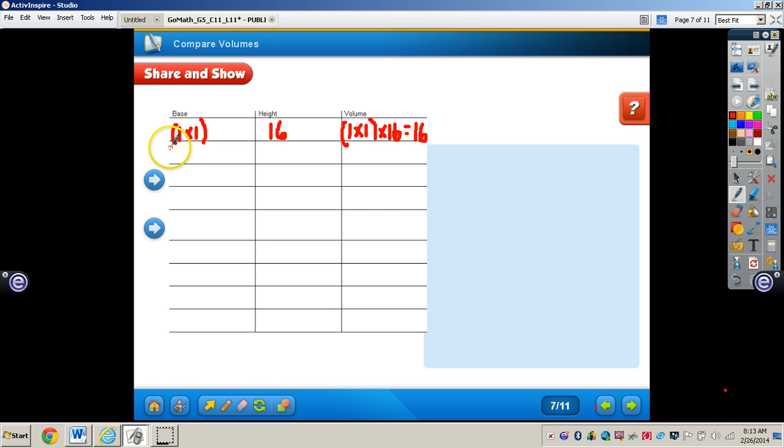Now if we go to the next one, we have a length of 1 and a width of 2. Then the height could be 8. So 1 times 2 times 8 can also give us 16.